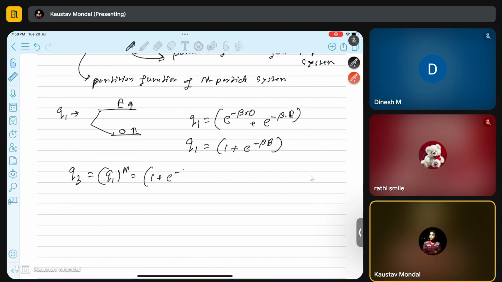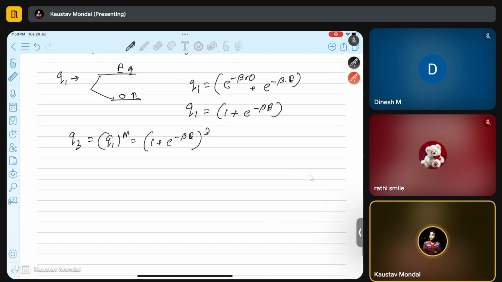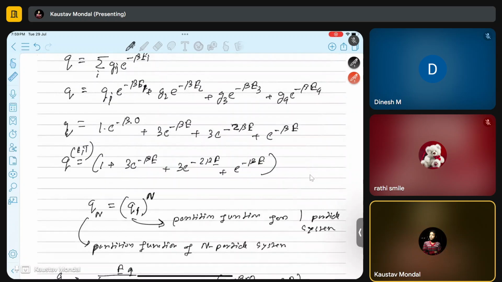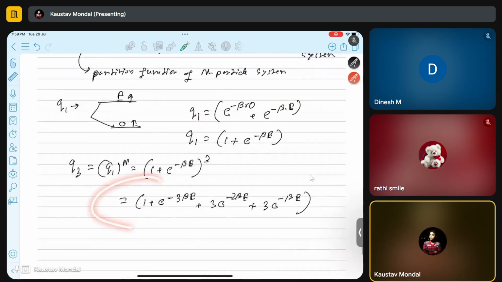So 1 plus e to the power minus beta E to the power 3, that basically gives you 1 plus e to the power minus 3 beta E plus 3 into e to the power minus 2 beta E plus 3 into e to the power minus beta E. That is the same thing that we got here, right? This is the same thing that we are getting here by using this formula.